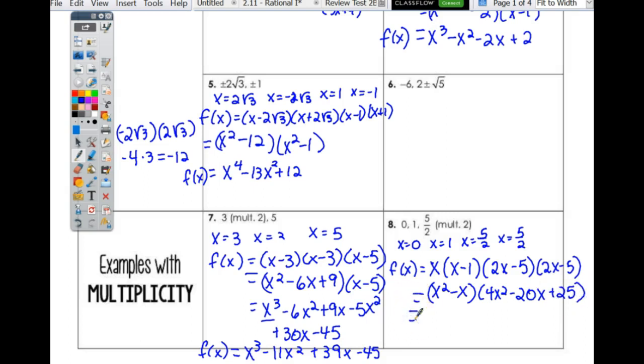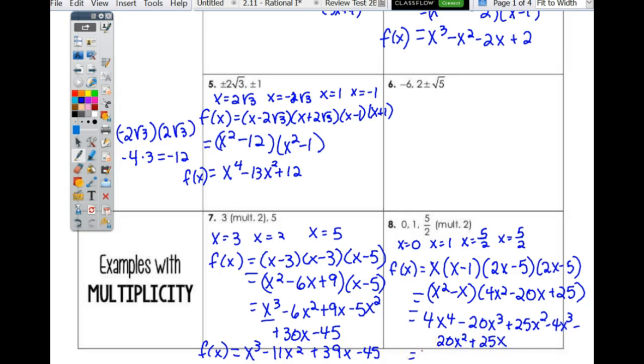So I'm going to get 4x to the 4th minus 20x to the 3rd plus 25x squared minus 4x to the 3rd minus 20x squared plus 25x.